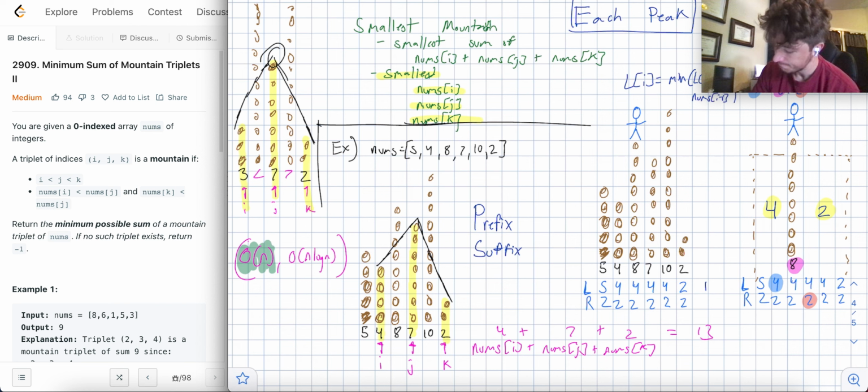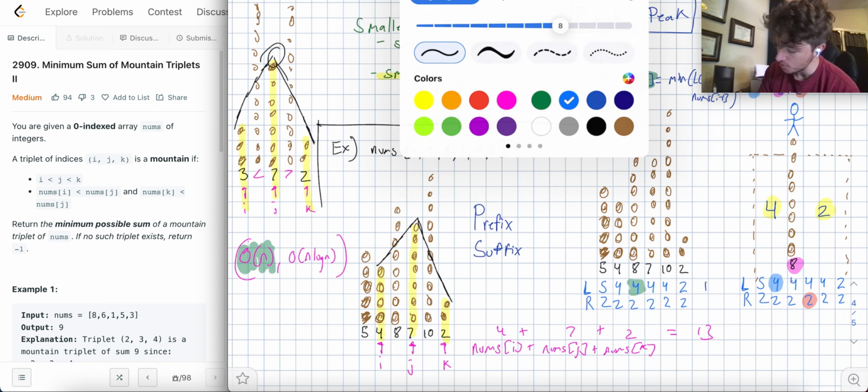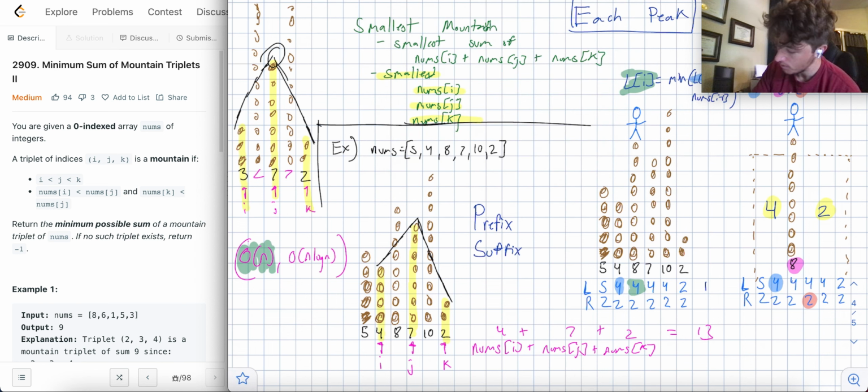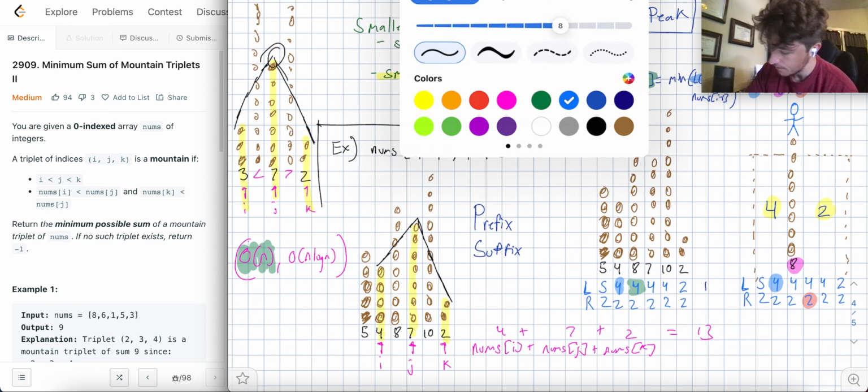So what this basically means is L of i, for any value, is whatever I thought the smallest value was before, and not nums i minus 1, the current value of i.